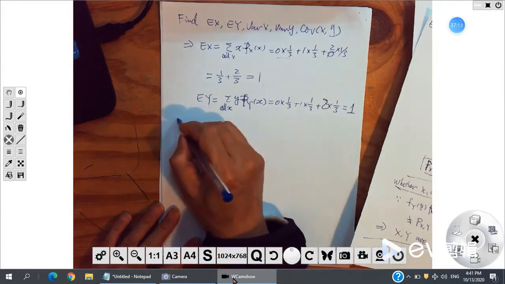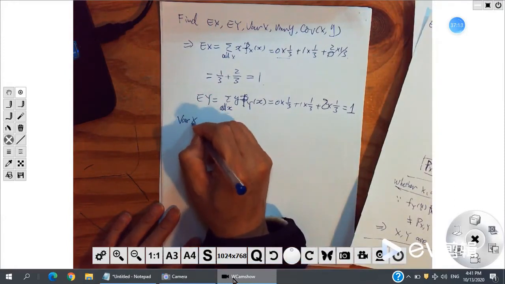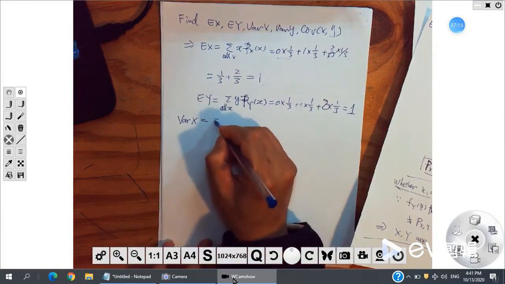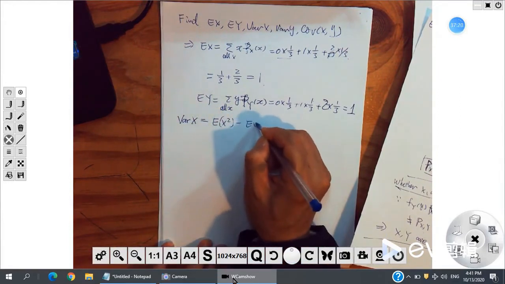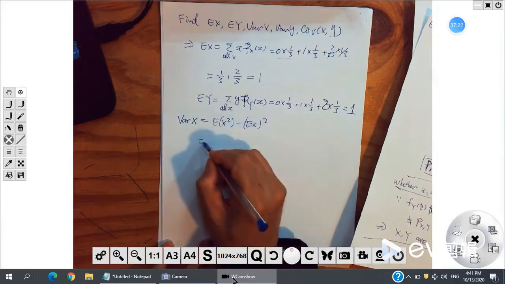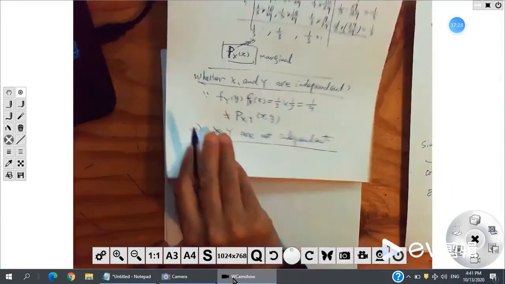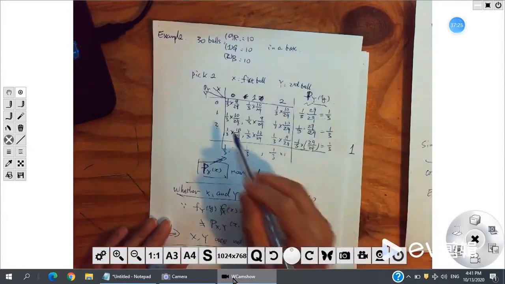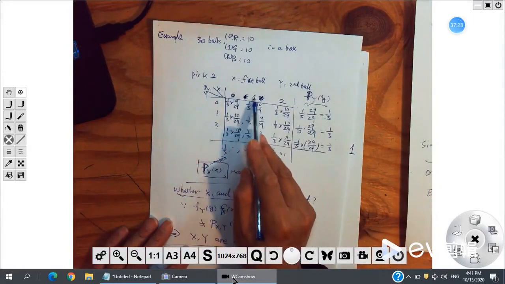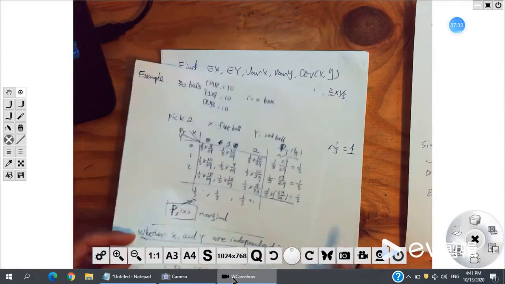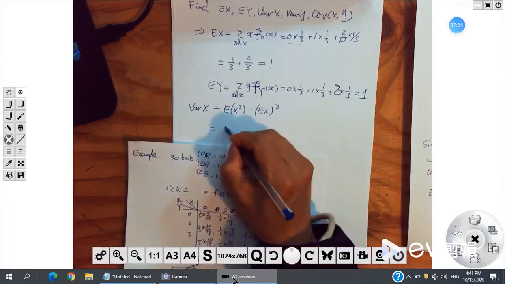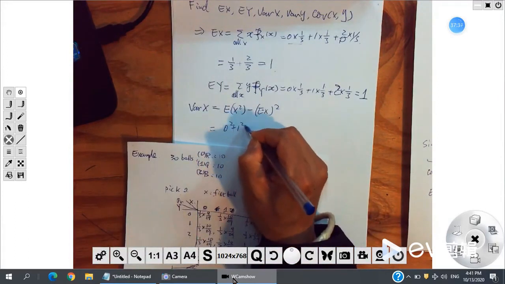And then the variance will be E of x squared minus (EX) squared. For EX squared, you calculate x squared. X squared takes these 3 squares, and the probabilities are here. So it is 0 squared plus 1 squared plus 2 squared.